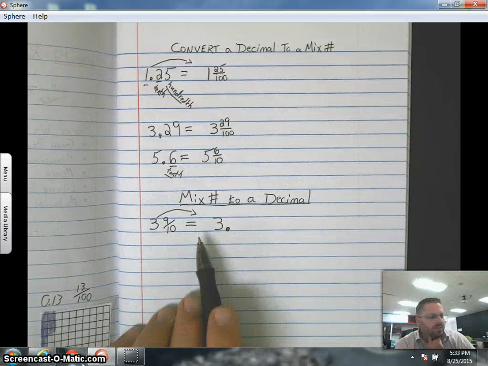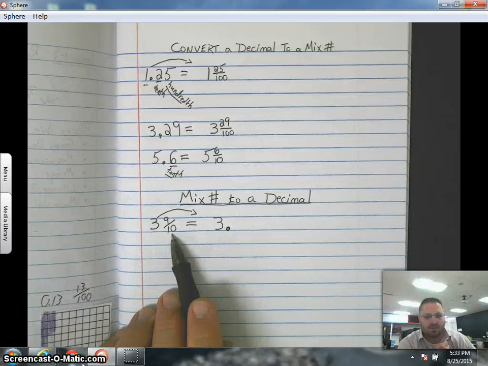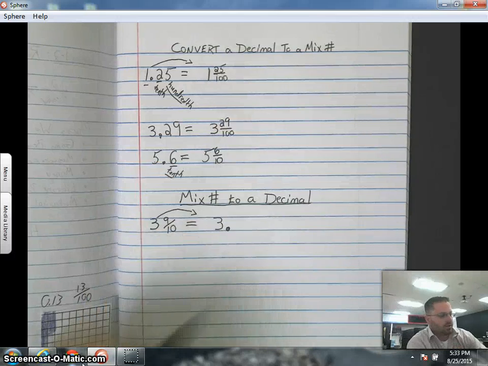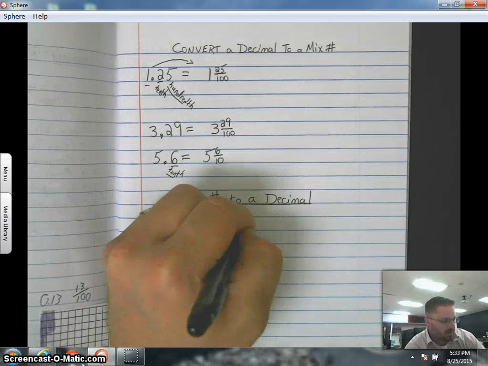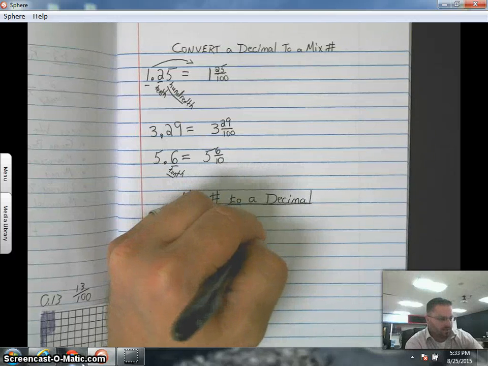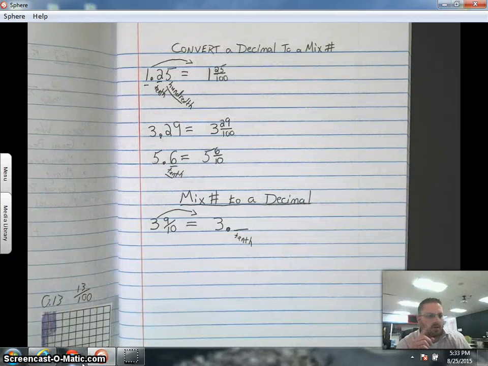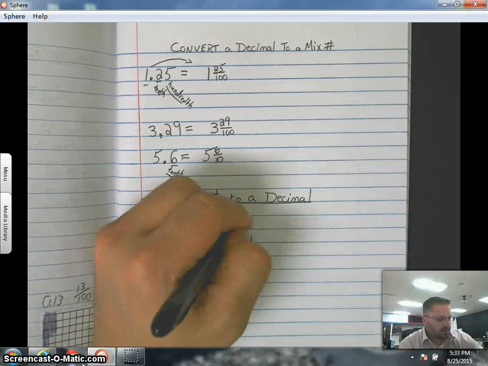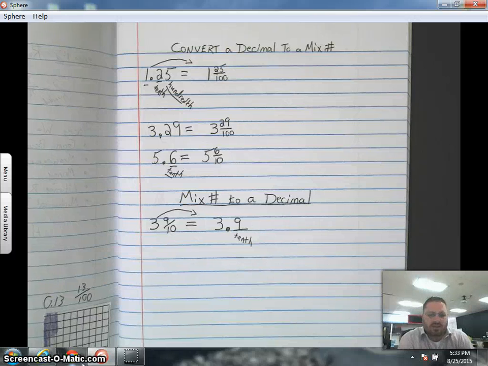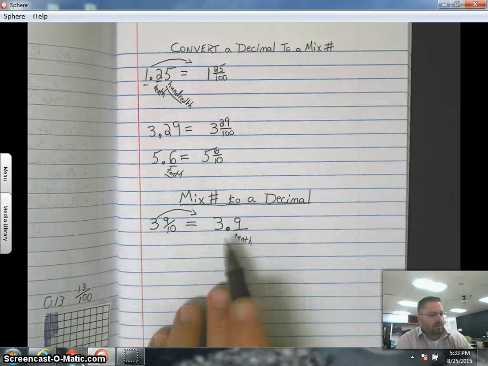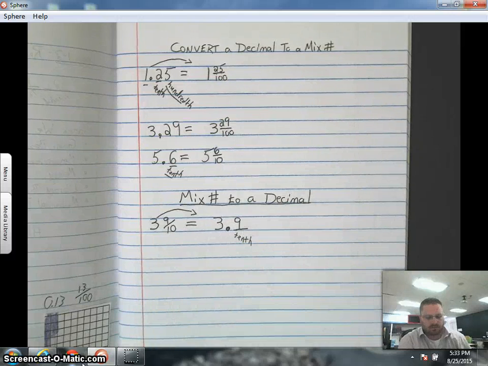What I'm going to do is look at my denominator 10. Now up here, remember we had 10th told me it means 10. So 10 tells me my decimal place value is only in the 10th. Only one spot. Well, luckily my numerator is only one number, a 9. So it fits like that. I should have 3 and 9/10 and 3 and 9/10.